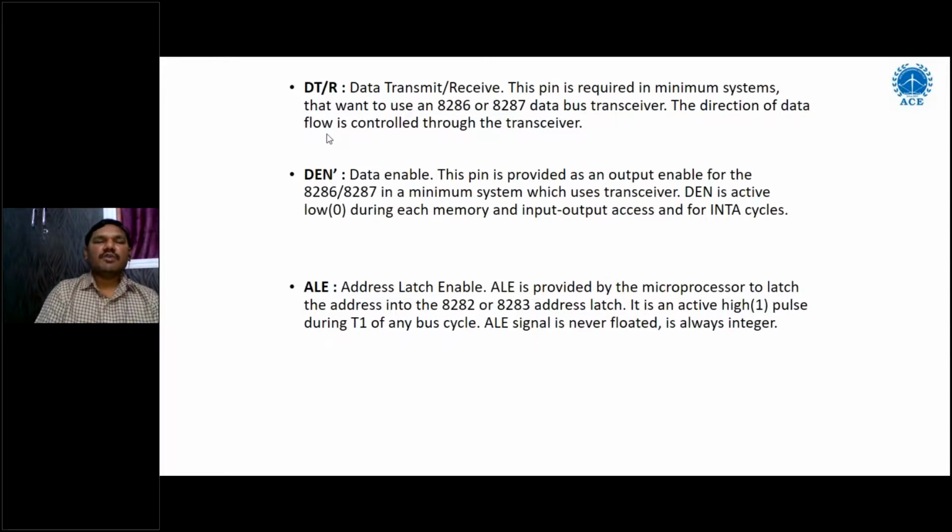The direction of data flow is controlled through the transceiver, either inside or outside. That is what we call transmit and receive. If the data is enabled to transmit or receive, then the transceiver knows the status of this DEN. ALE stands for address latch enable that we have seen already.